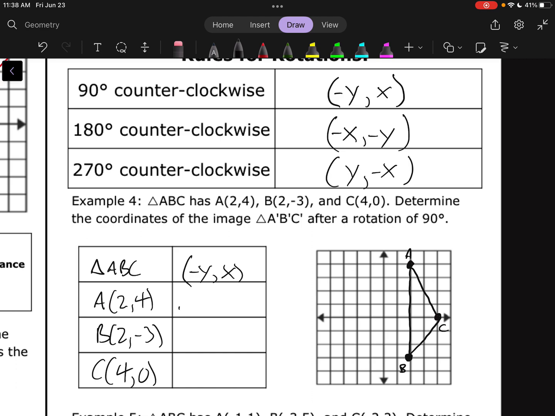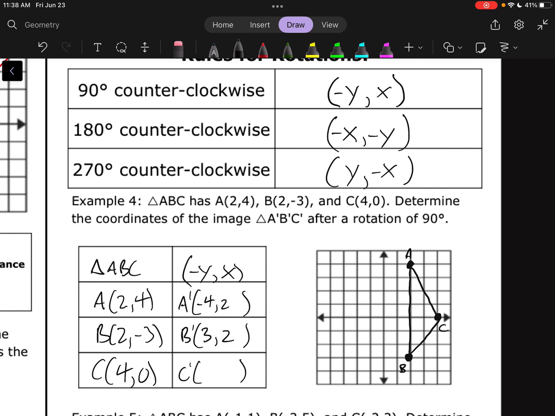So how that's going to work, we're going to flip the x and the y value, but we're going to change the sign on the y value. So (2, 4) gets flipped to (4, 2), but we're going to change it to (-4, 2). B was (2, -3), so we're going to flip it to (-3, 2), but we're going to change that -3 to a positive 3. C was (4, 0). It gets flipped to (0, 4).